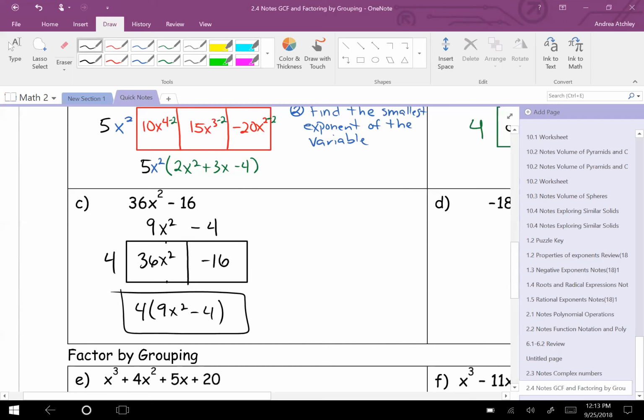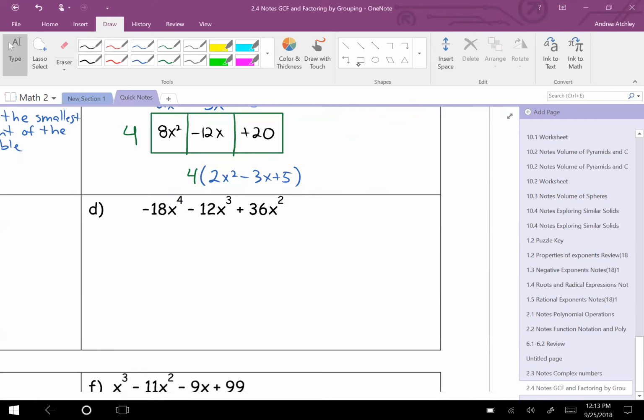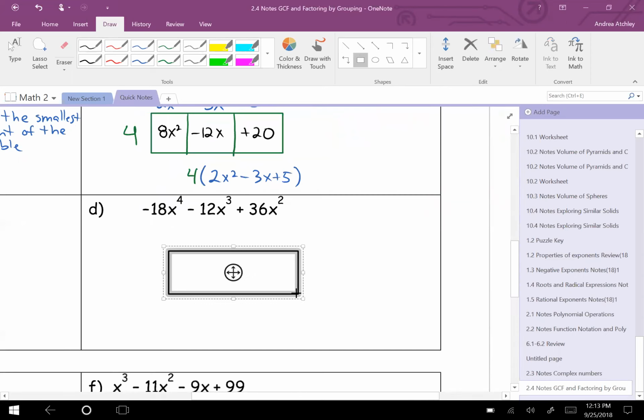Okay. Next one is slightly different. So we started doing it, good job, but just make sure you have this down. So it's negative 18x to the 4th, negative 12x cubed, sorry, and 36x squared.